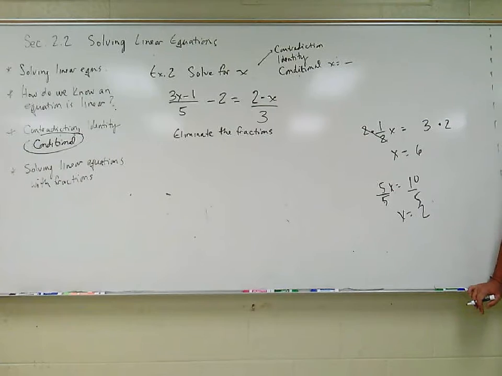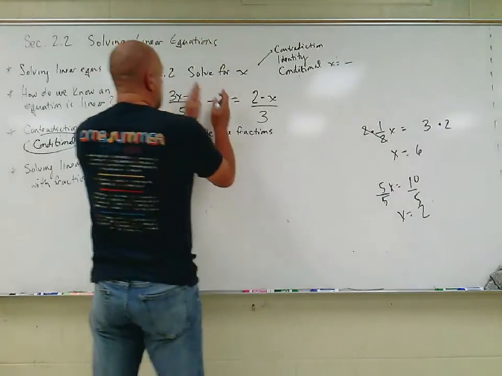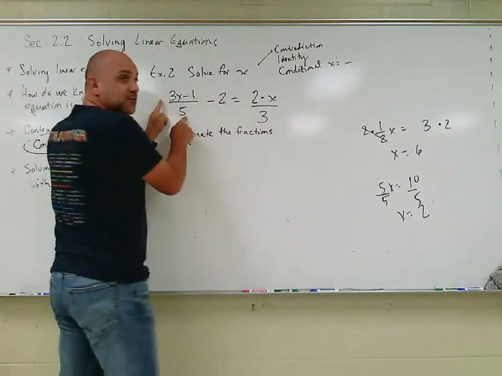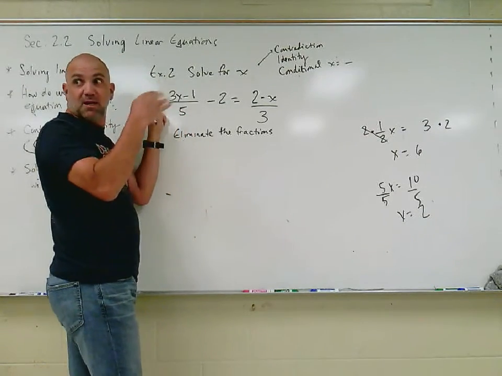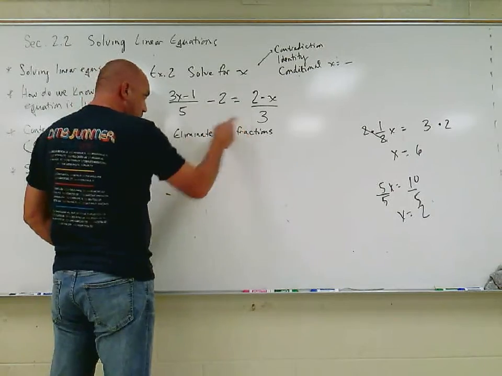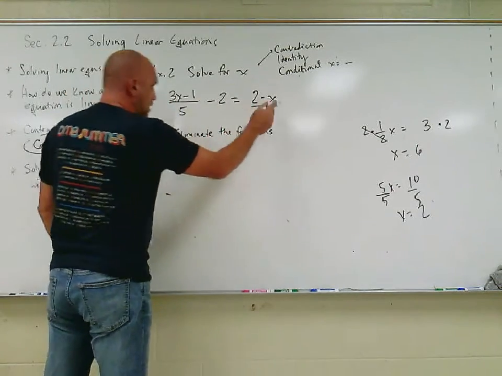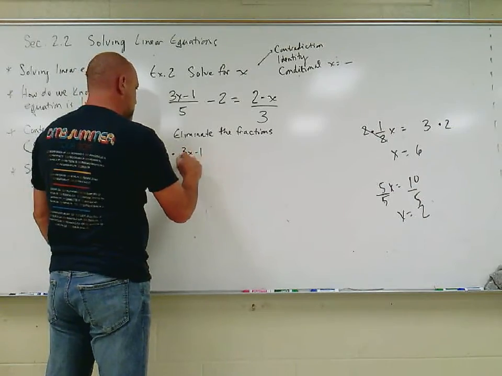So when I look at the 5, I want to get rid of the 5. Here's how I can get rid of the 5. If I multiply each part by 5, these 5s will cancel. Okay? Which is one, at least I get rid of one thing. I'm going to see what my denominators are, so I'm going to multiply everything by 5 first.